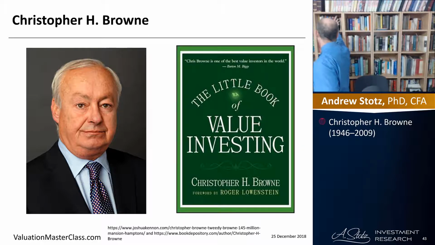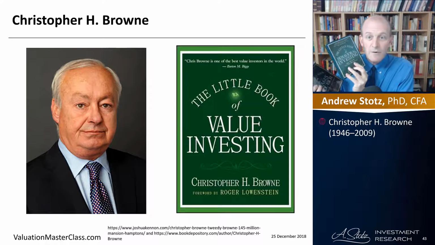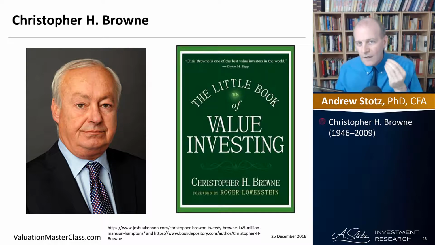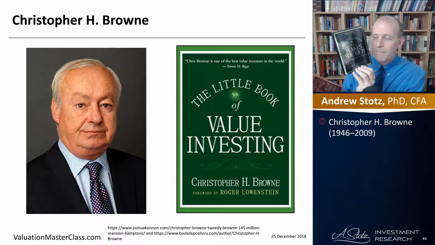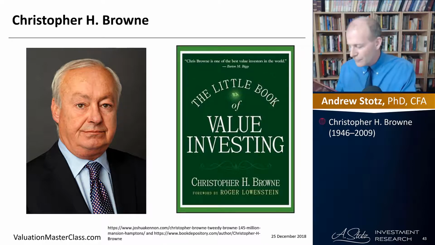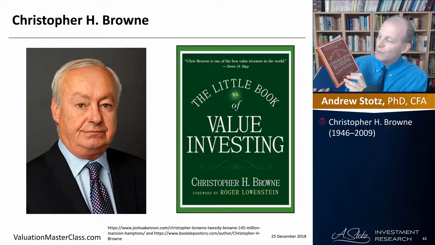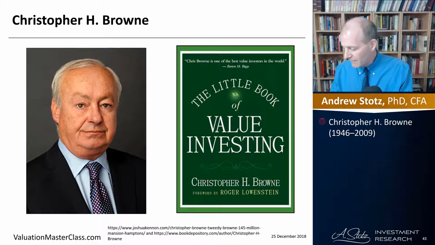I have a lot of others, like The Little Book of Behavioral Investing, which is James Montier. That's a great one. He's not one of the icons, but he is a value investor to some extent. The Little Book That Beats the Market, or That Makes You Rich. Interesting to see some of the trading methodologies. And then, of course, John Bogle's The Little Book of Common Sense Investing, about investing in ETFs and the benefit of that.